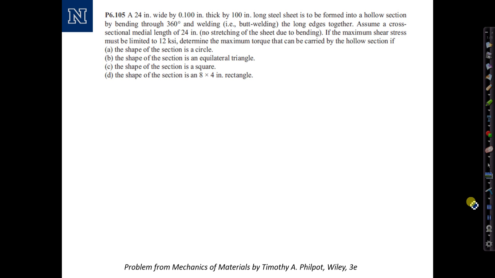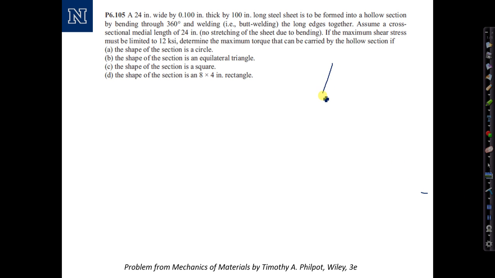The problem reads, a 24-inch wide by 0.1-inch thick by 100-inch long steel sheet is to be formed into a hollow section by bending through 360 degrees and welding the long edges together. Okay, so let's go ahead and draw a picture of this.